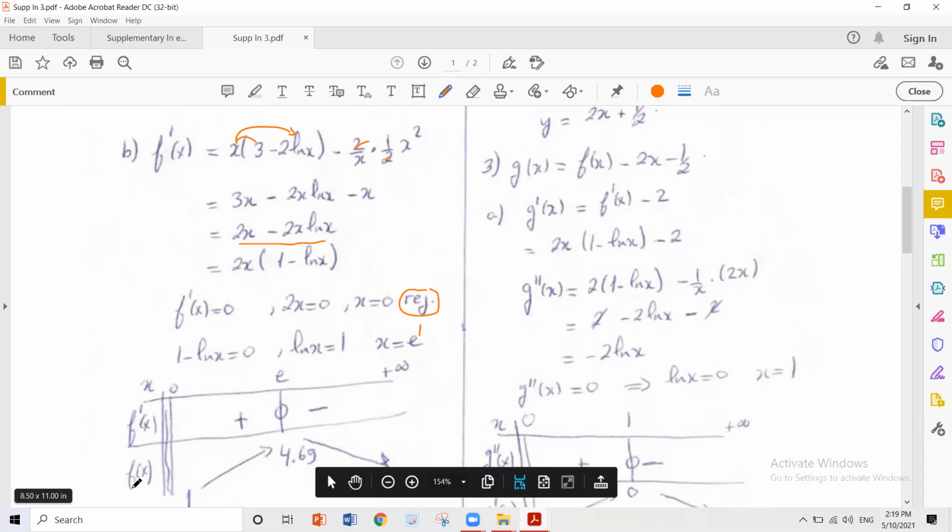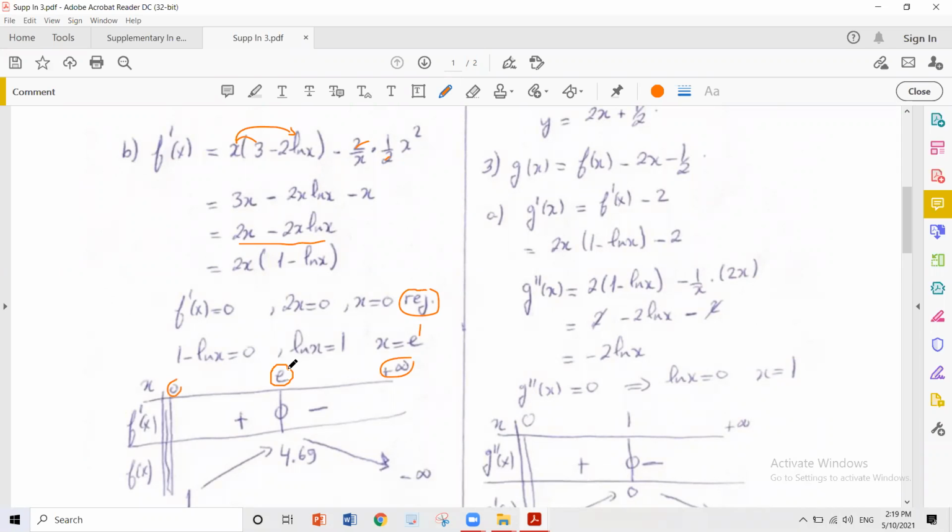So f prime x, f x, domain is 0 to plus infinity. I put here e. To determine the sign, if I take a value like 1 and I replace it in the derivative, 2 times 1, 1 minus ln 1 is 1. So 2 times 1 is positive. So here it is positive, here it is negative.